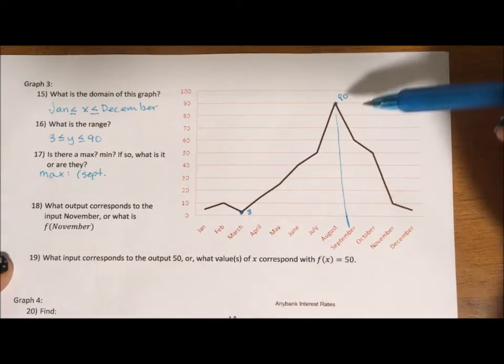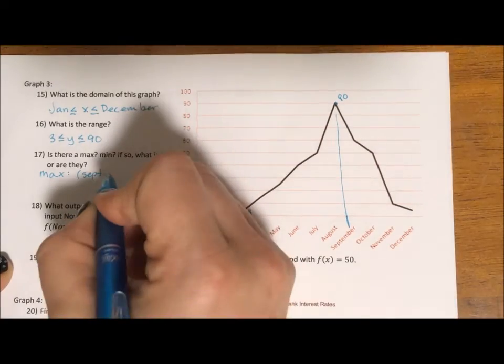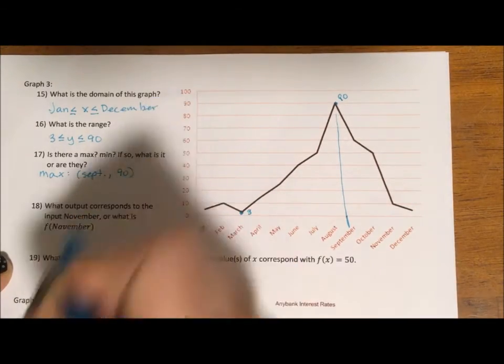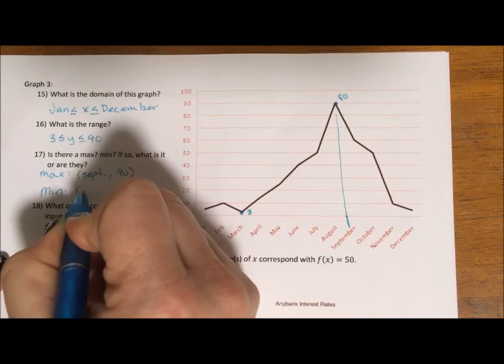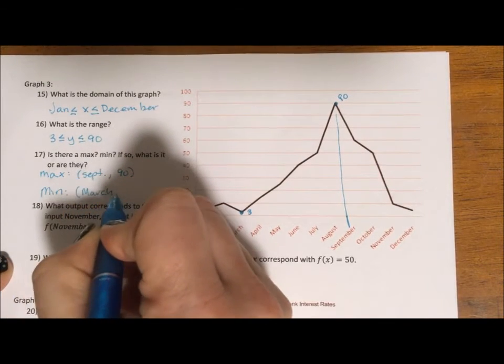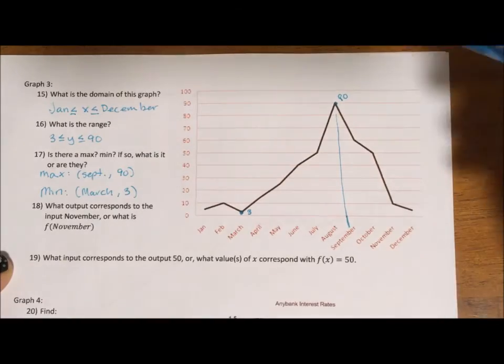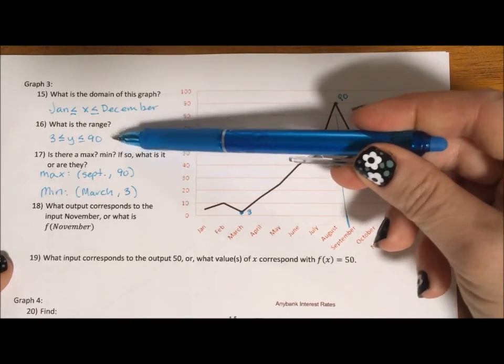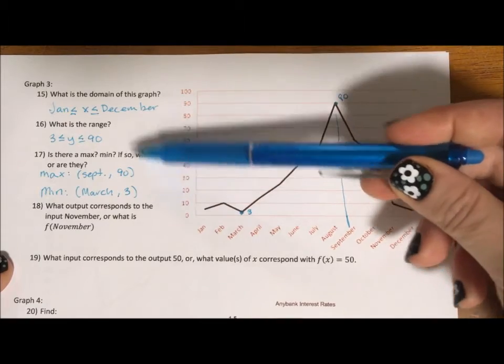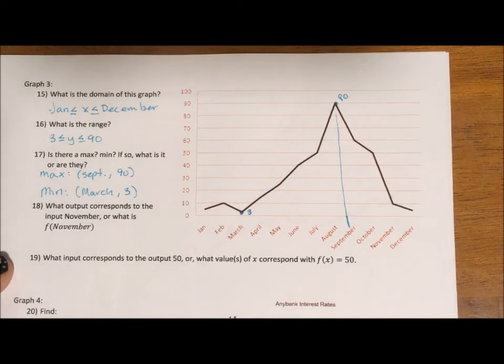What input gives us the output we care about? September, comma 90. And there's a min right here in March. And like we said before, that's 3. The fact that our range and our min and max match is not a coincidence.